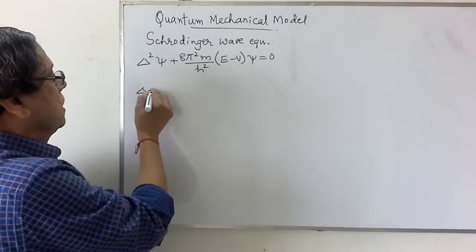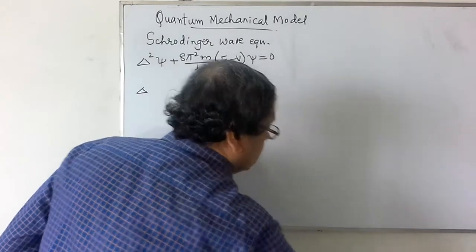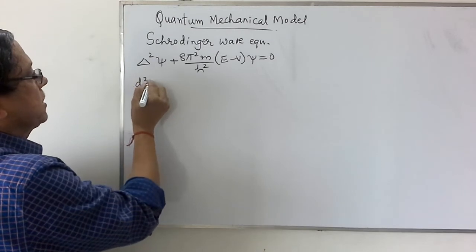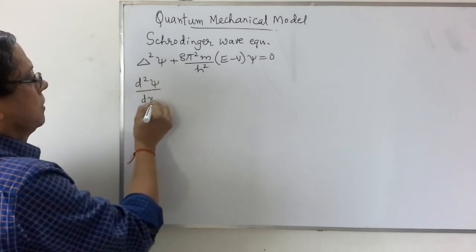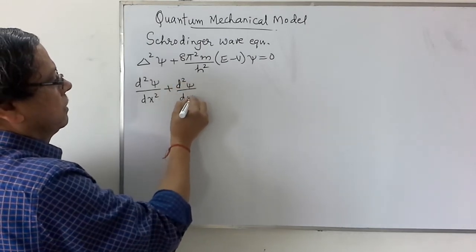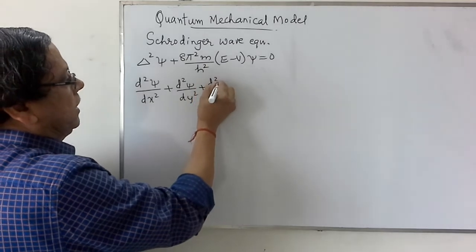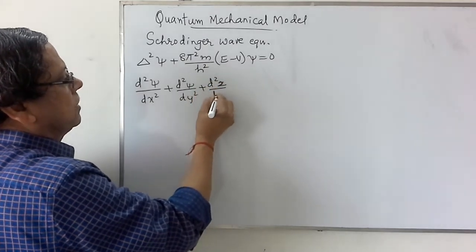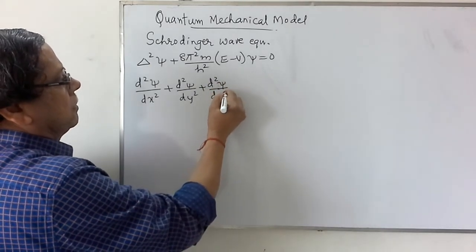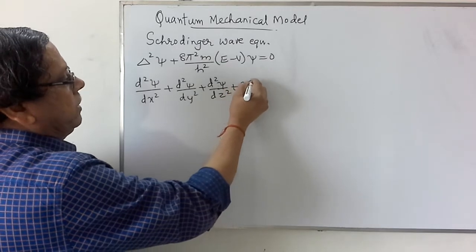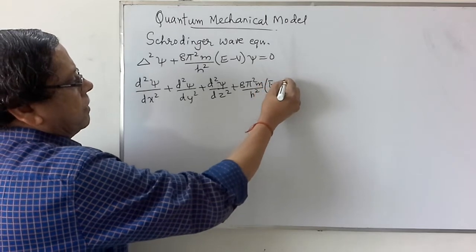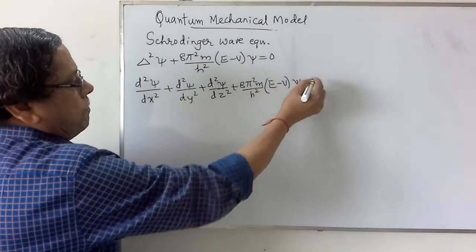Here this del square can be replaced by d square psi by dx square plus d square psi by dy square plus d square psi by dz square, plus 8 pi square m divided by h square into E minus V psi is equal to 0.